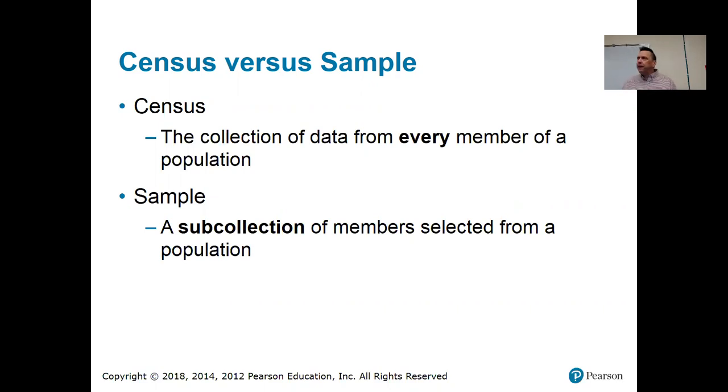Now, you have to be careful about how you choose that sample, and we're going to get into that a little bit more later, all right? And so I'll just leave it at that. You want to be careful about how you choose the sample. It should be random. It should not be biased.